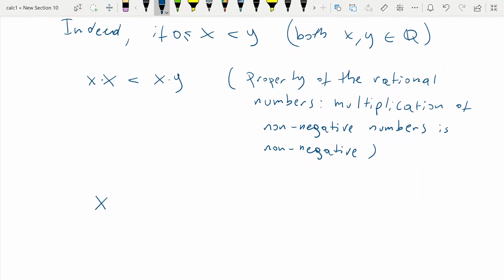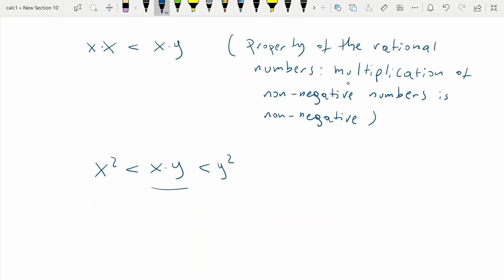So then this property tells you that x squared is less than x times y. But at the same time, since you already know that x is less than y, if you multiply the inequality by y instead of by x, you get that this is less than y squared.